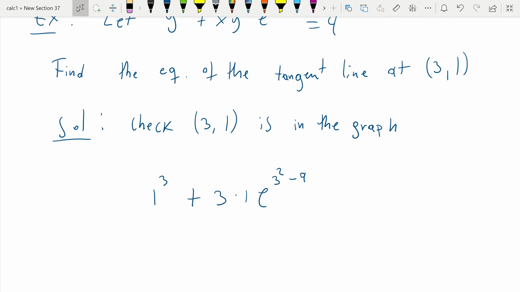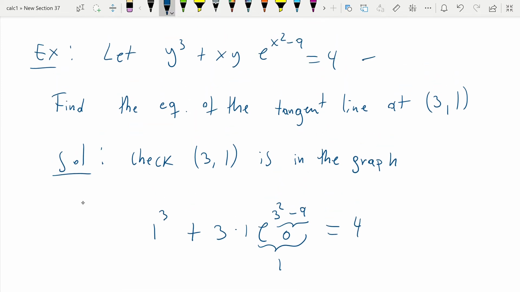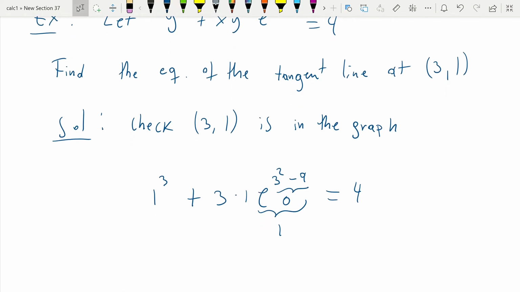And here, 9 minus 9 is 0, and e to the 0 is just 1. Now if you add 3 times 1 times 1 plus 1, you get 4, which is exactly what we have on the other side. So this is actually checked.